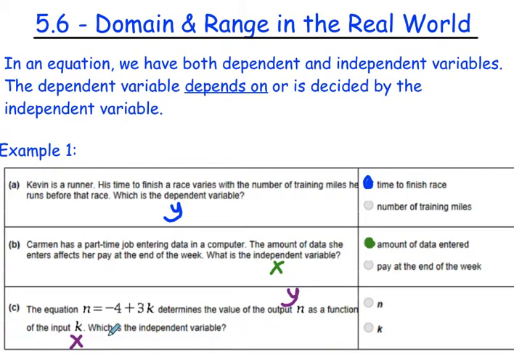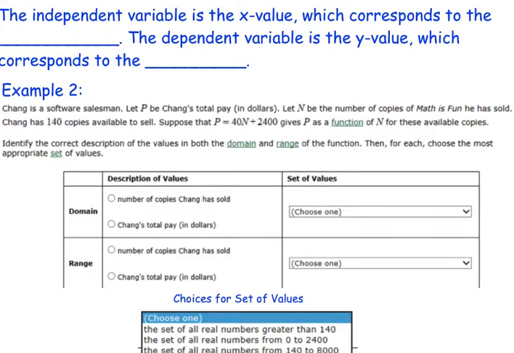So it's asking us which one is the independent variable. Well, from the past two examples, we said that the independent was what came first, which is our x. So in this case, that is the variable k. All right, moving on to the next slide.